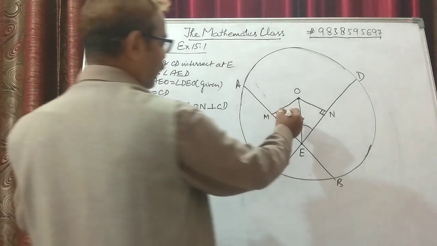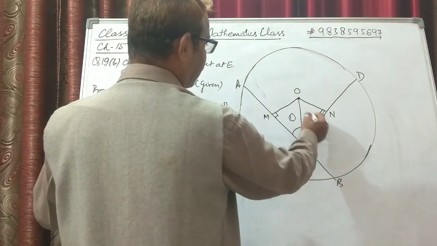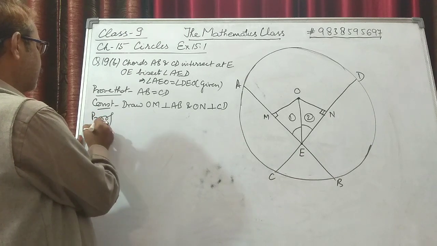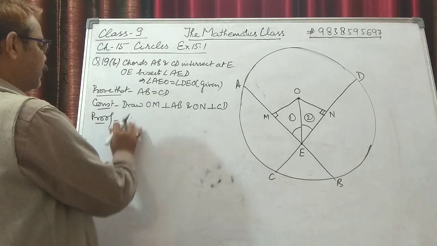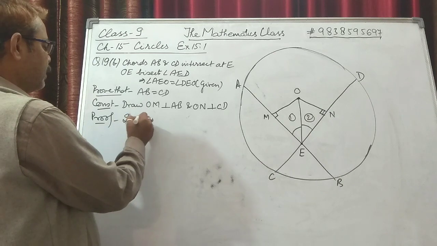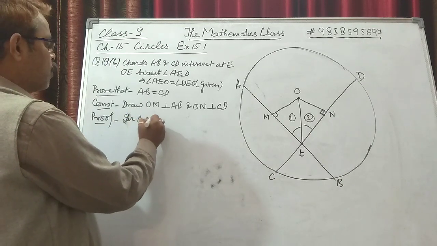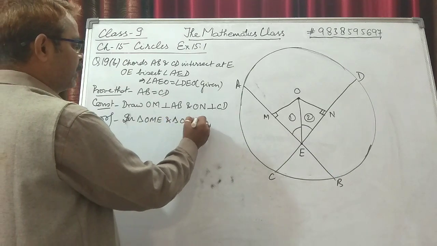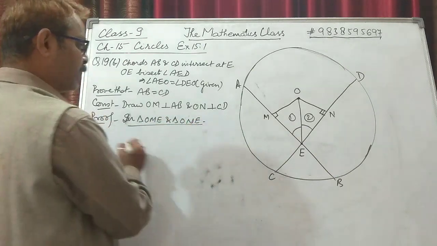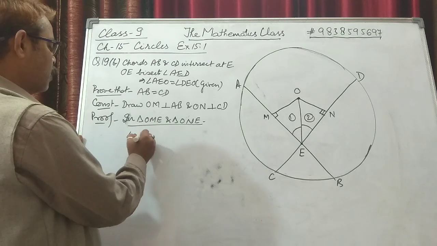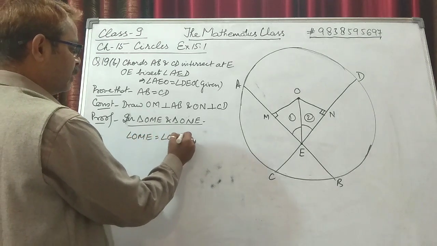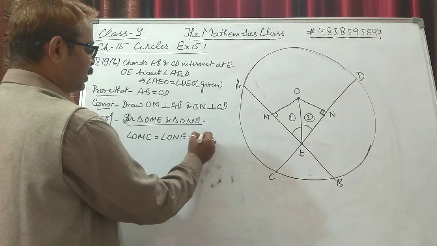Now we will take these two triangles, triangle number 1 and triangle number 2. So now my proof starts. We will say in triangle OME and triangle ONE, first of all, angle OME is equal to angle ONE is equal to 90 degrees.